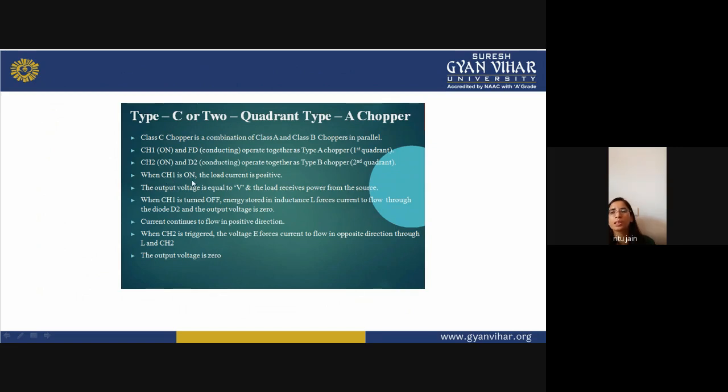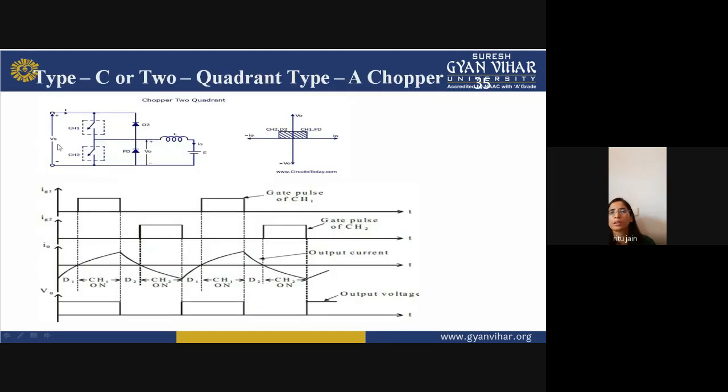When CH1 is in the on state, the load current is positive, and you can see from the diagram that the current will flow in the direction of your load current. So the current direction is positive. When this is turned off, the energy stored in the inductor is transferred to the freewheeling diode, and the energy is released by the freewheeling diode.